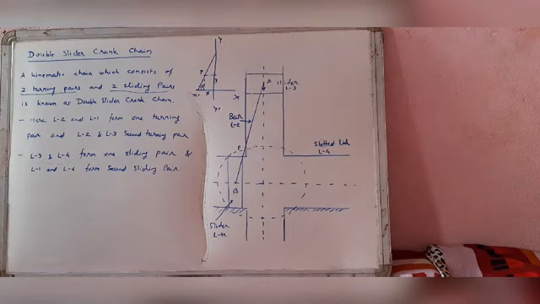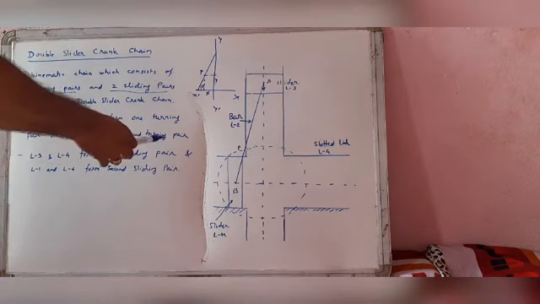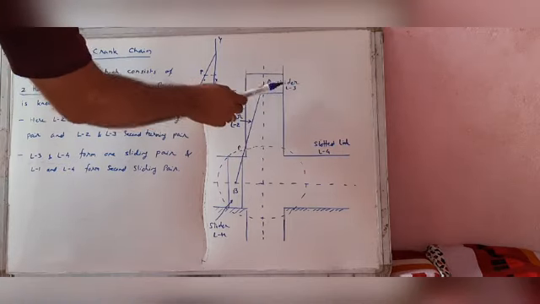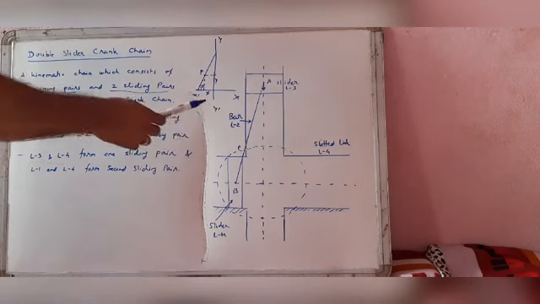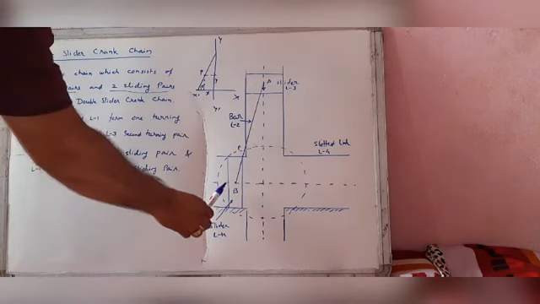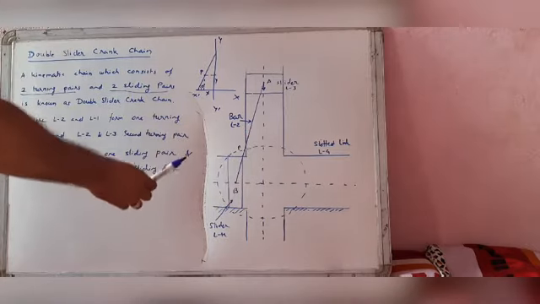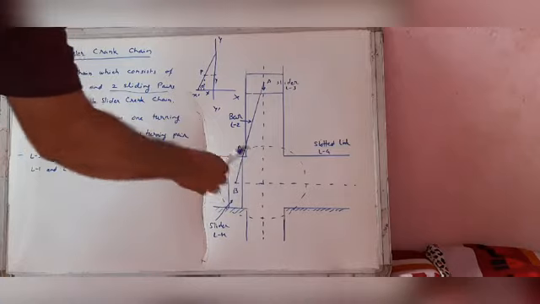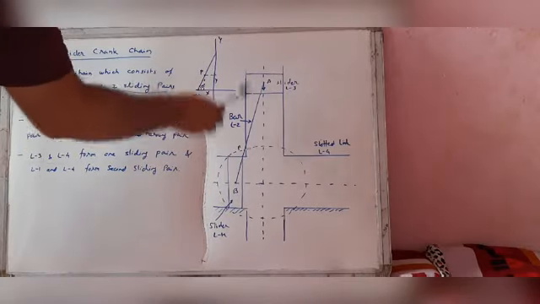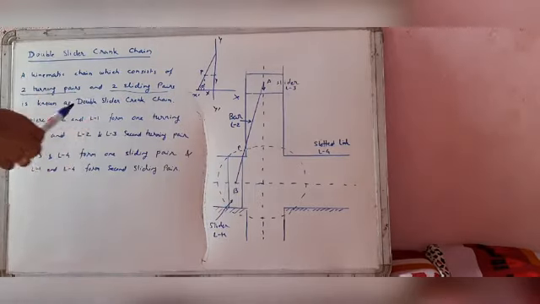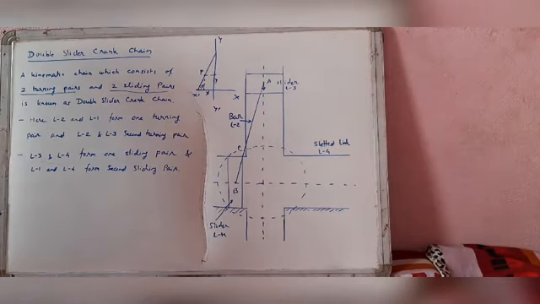Then L3 and L4 form one sliding pair, and L1 and L4 form the second sliding pair. This slider can slide in the horizontal direction, and this slider can slide in the vertical direction. So this whole arrangement is called the double-sided crank chain.